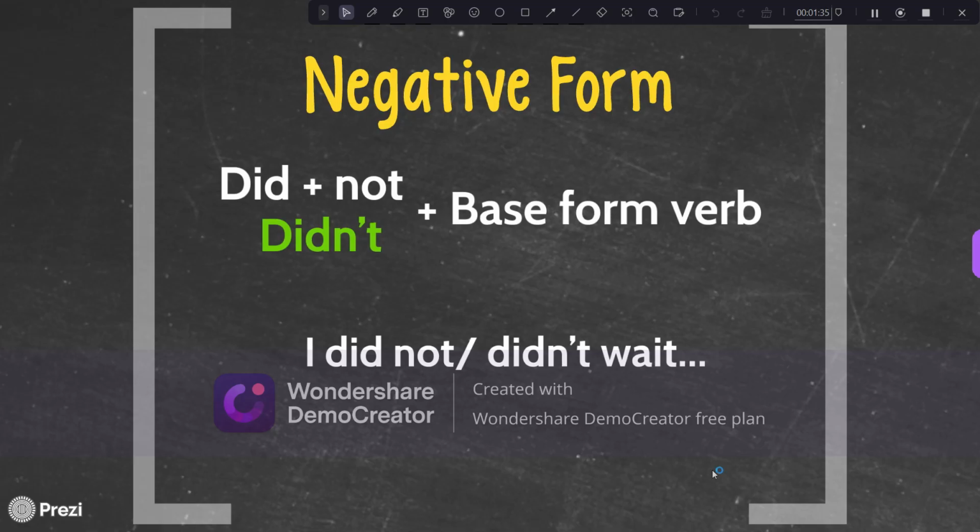Negative form. If we want to form a negative sentence in the past simple, we need to use an auxiliary verb called did. And did, you should combine it with not, so it will become didn't or did not. An important point here: if we want to use did or did not, you need to use the base form of the verb.